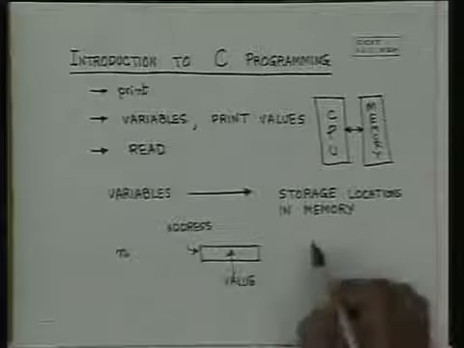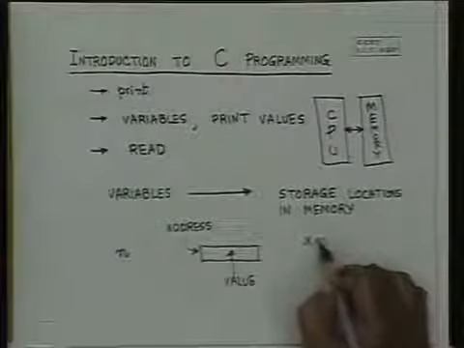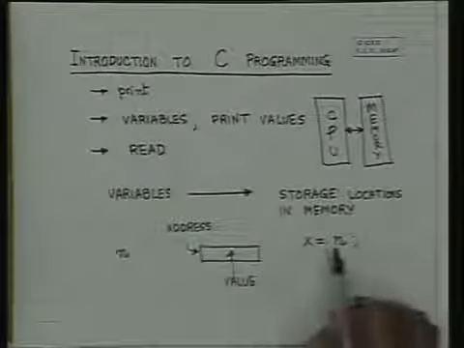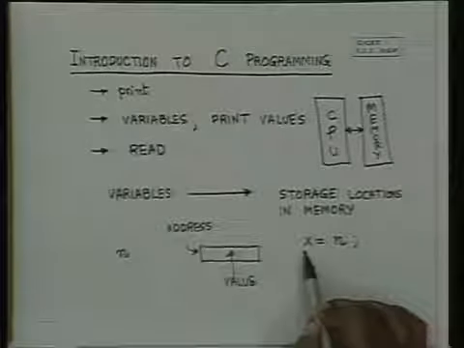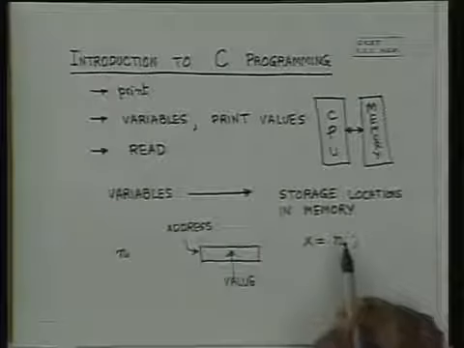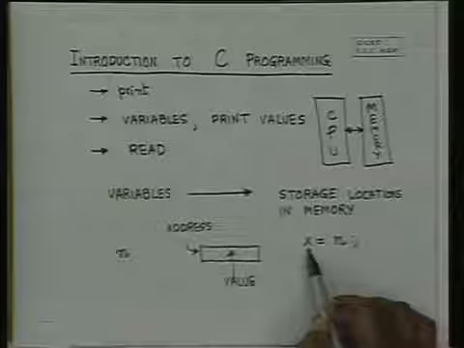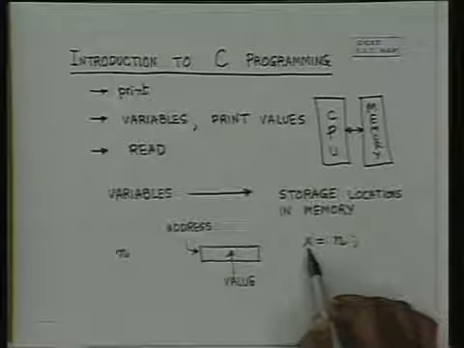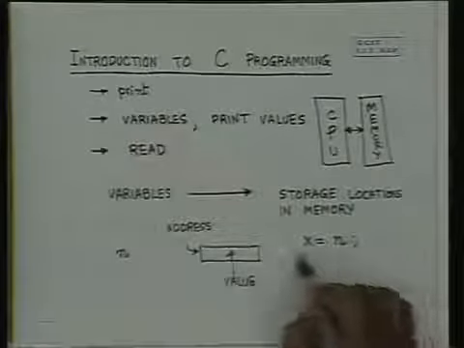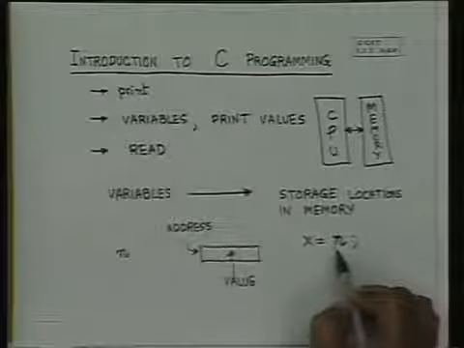Now whenever in C programming language you write x is equal to n, this means the value of x is assigned the value of n, or in other words, the value of n is copied into x. So whenever we use a simple variable, we mean the value of the variable.